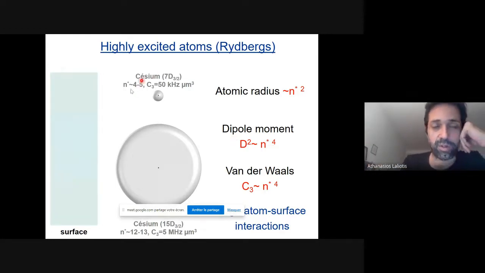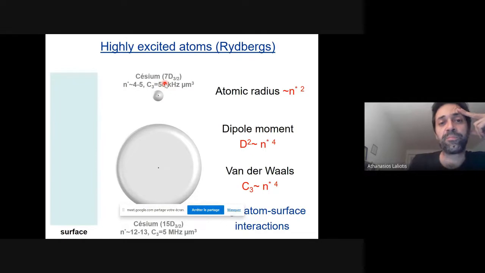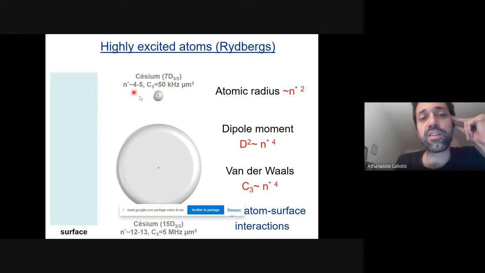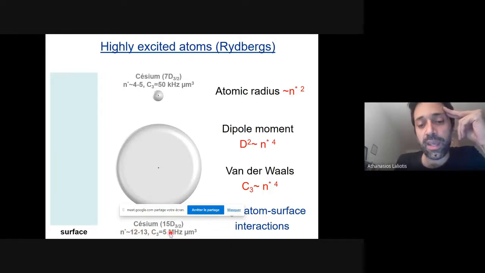Here, for example, if you look at the cesium 7D atom, which is the one we used to demonstrate temperature dependence, the n star would be around 4 or 5, and the C3 about 50 kilohertz micron cube. And the cesium 15D that I will explore now, with an n star about 12 or 13, has an interaction of about 5 megahertz micron cube, so like 100 times bigger.